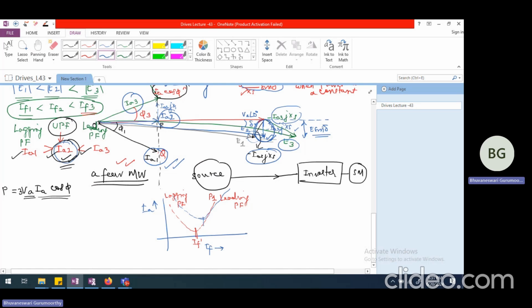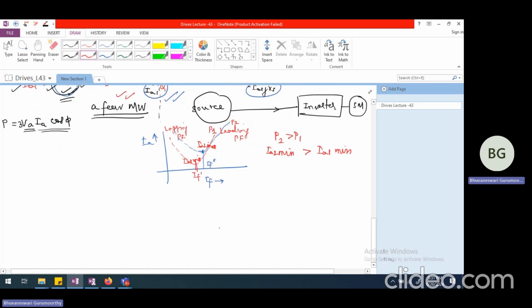So I may have this as I_f2 dash, which corresponds to another load condition, P2. P2 is greater than P1. If this is I_a1 minimum and this is I_a2 minimum, then I_a2 minimum is going to be greater than I_a1 minimum because the load has also increased. That is the way you are going to see the V curve.